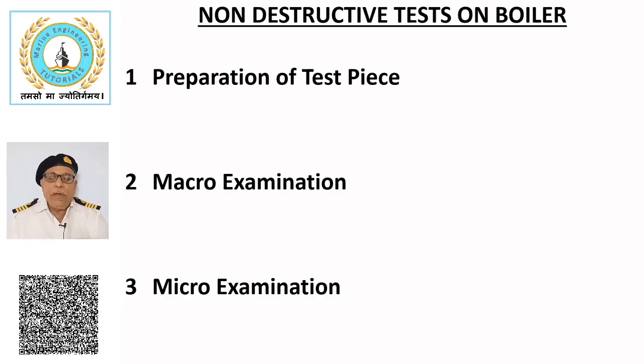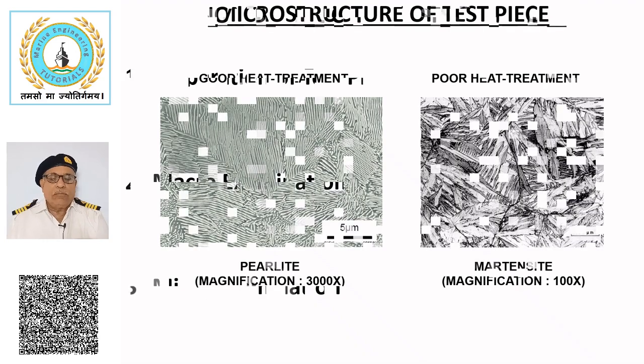The specimen used for macro examination is then used for microscopic examination. This test is conducted to observe the metal structure, which should be pearlite. The presence of martensite indicates that the metal has undergone hardening.